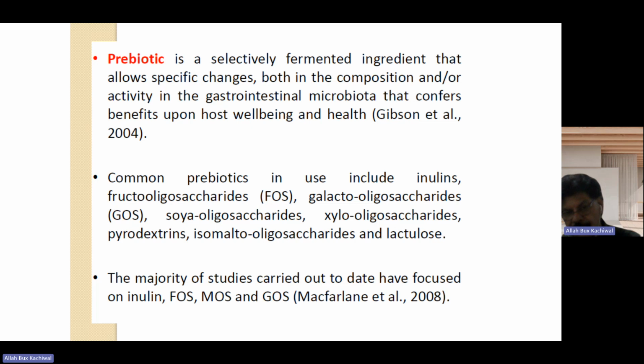The majority of studies carried out to date have focused on inulin, the fructooligosaccharides, the maltooligosaccharides, and the galacto-oligosaccharides. So that was being focused on in 2008.